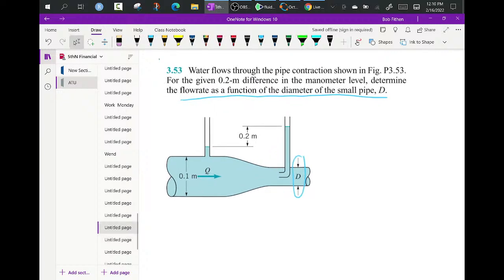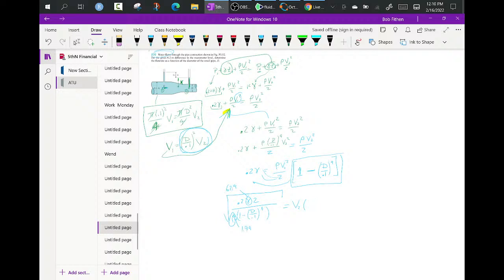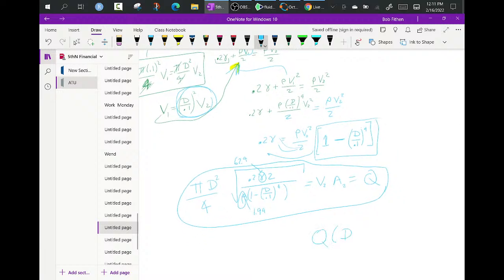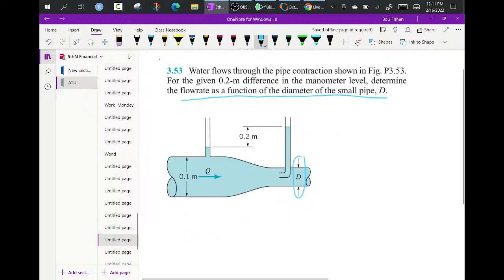Now, of course, this is a velocity as a function of diameter, and then all you do is multiply it times the area, which, guess what, the area at 2 has the d in it. That would be Q, area 2. The area 2 would be pi d squared over 4. So this, in fact, would be your answer. In fact, Q can be written as a function of the d.